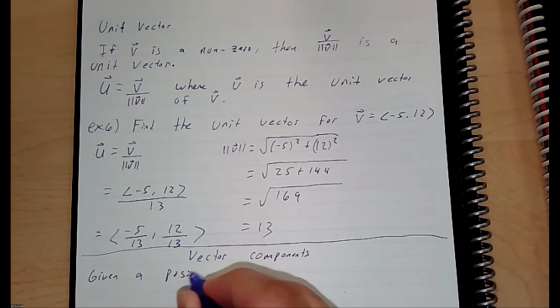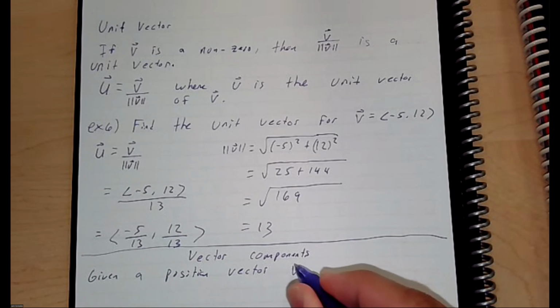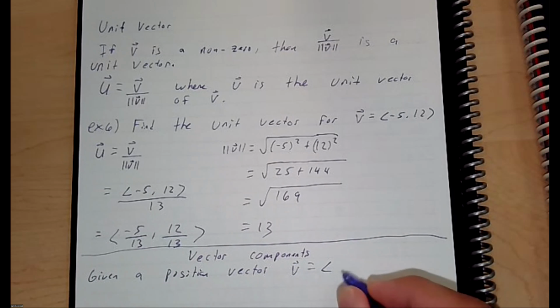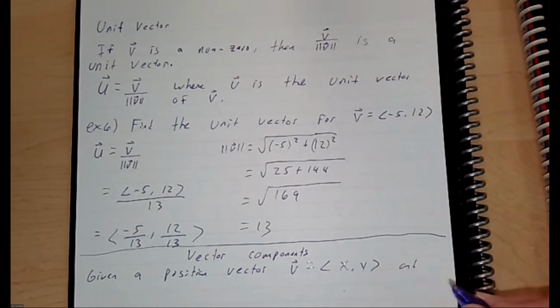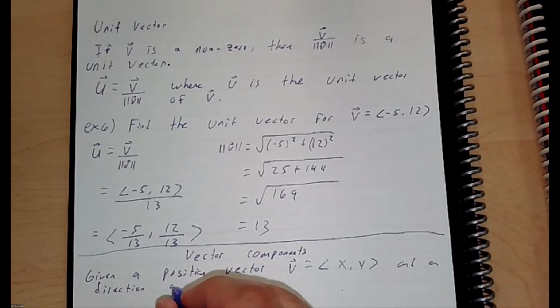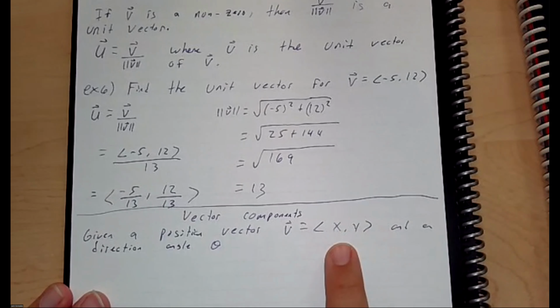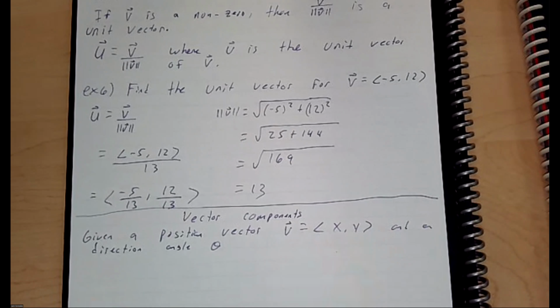A position vector v, I'm going to use x comma y, and a direction angle theta. So you may not be given this, but you may have a force going along the horizontal, which will let you find this part. You can combine it together.